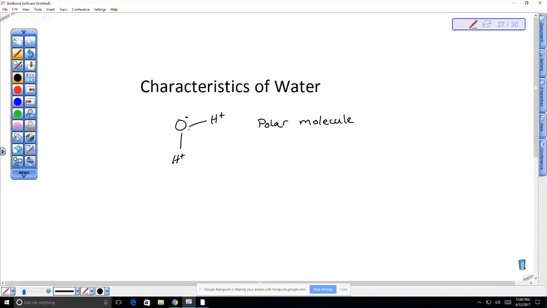So if we look at the first characteristic, one is that we call it the universal solvent. So what that means is almost everything in our body that is transported in our blood, for example, is first dissolved in water. So substances are dissolved in water for transport.